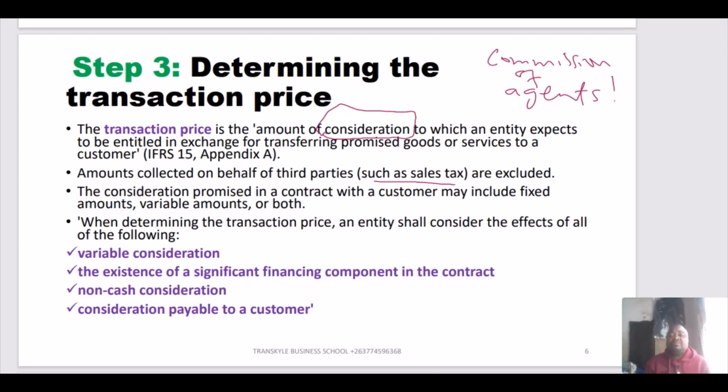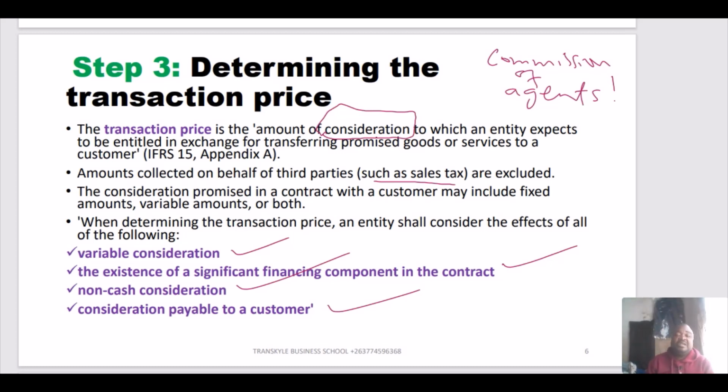Then the consideration promised in a contract with the customer may include fixed amounts, variable amounts, or both. When determining the transaction price, an entity shall consider the effects of all of the following: variable consideration, the existence of a significant financing component in the contract, non-cash consideration, consideration payable to a customer.